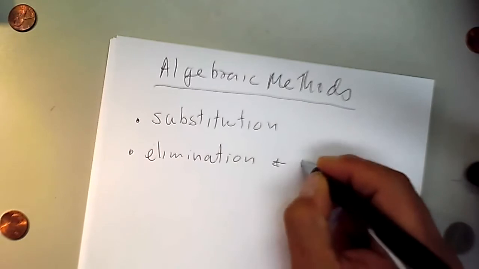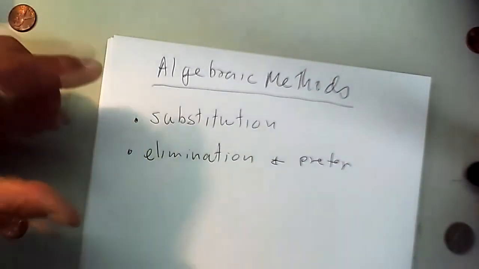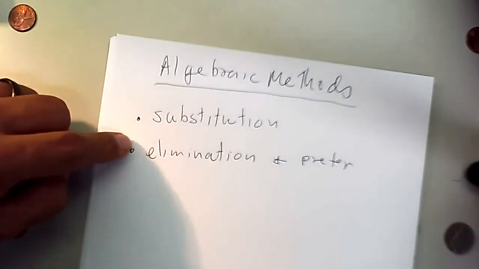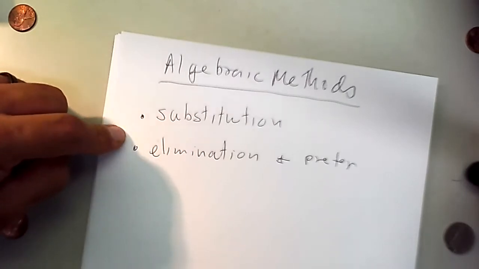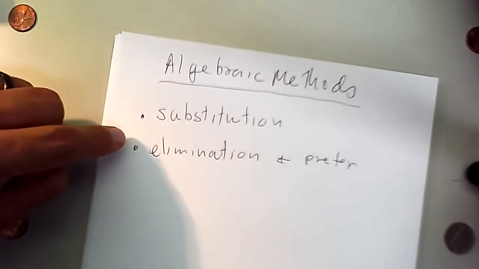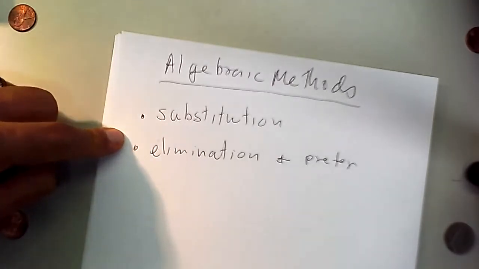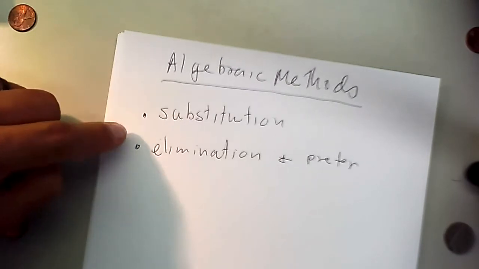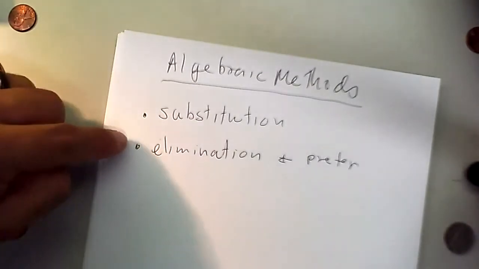One reason among many, many reasons is that this method is easy to put into a computer. It's easier to write a program for this method. That method is much more difficult to write a program for, but this one is fairly straightforward. So that's why we prefer it.